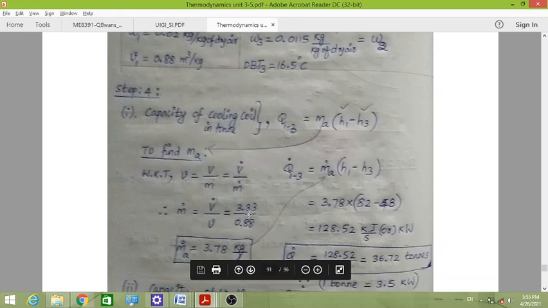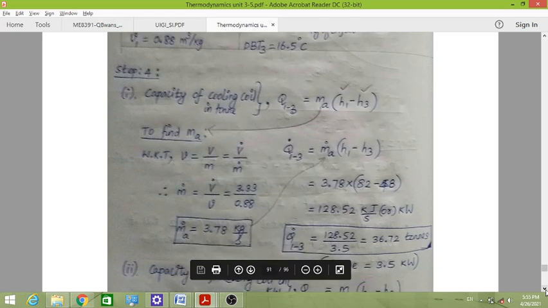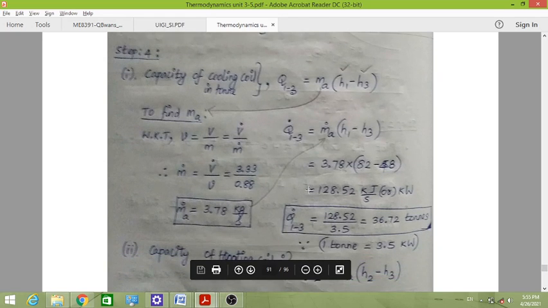So divide 3.33 by 0.88, and we get 3.78 kilogram per second. Substitute here, and we get the value of Q dot as 36.72 tons. You have the relationship: 1 ton is equal to 3.5 kilowatt, so this is the conversion to 36.72 tons.